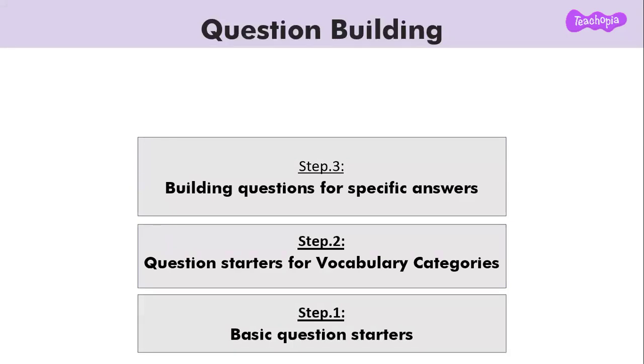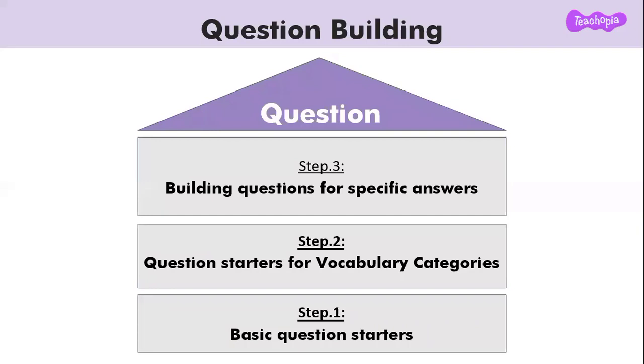So when we follow all three of these steps, use basic question starters, use them for vocabulary categories, and then build questions to get particular answers, we're able to build a question. So let's go through this question building process one by one and see how we can build it.